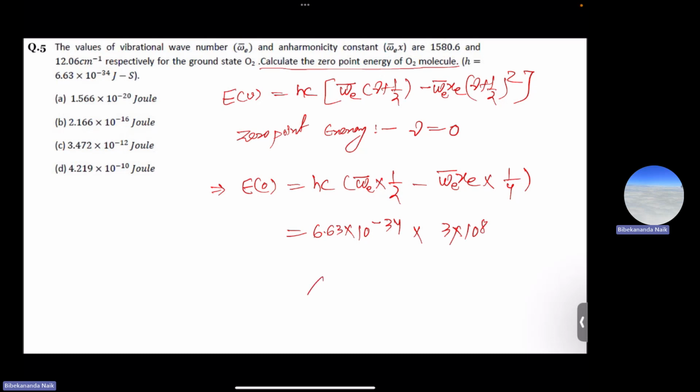Omega is 1580. Since all these are in SI units, we will convert it to meter inverse. So 1580.6 into 10 to the power 2, so it will be 158060 into 1/2 minus 158060 into xe. Xe is again 1206 divided by 4.